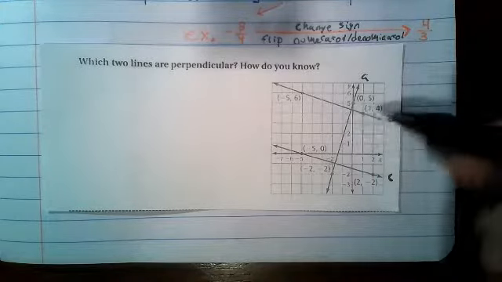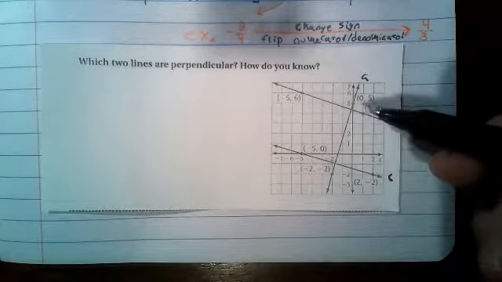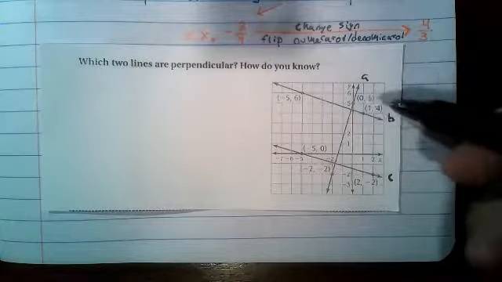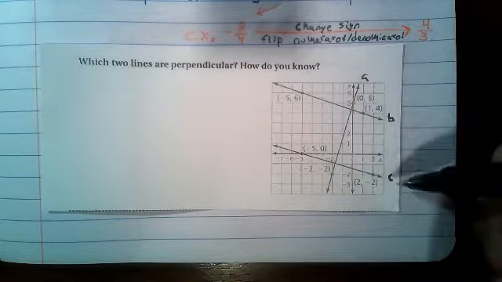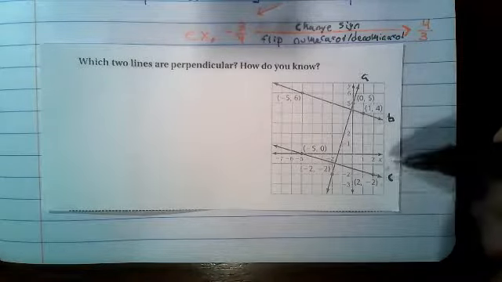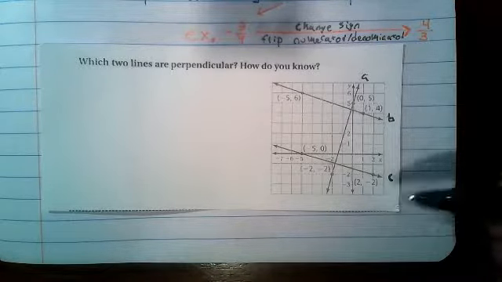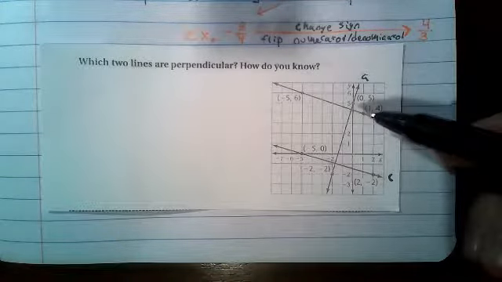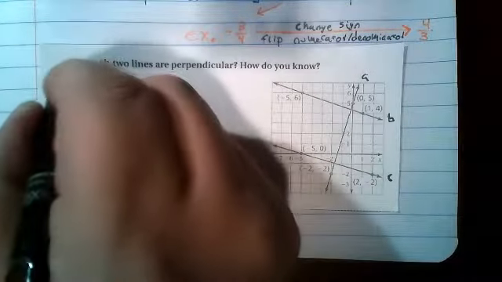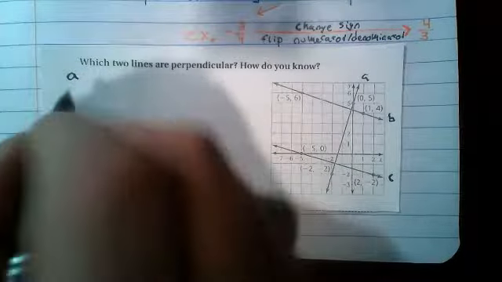It might actually be parallel. Kind of looks like it. But A is either going to be perpendicular to B, or A is going to be perpendicular to C. So what I would do if I was approached with this problem is I would find A first, just to shorten the work. So let's find the slope of line A.